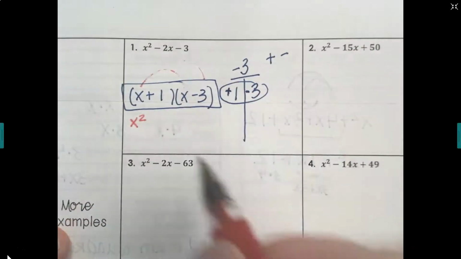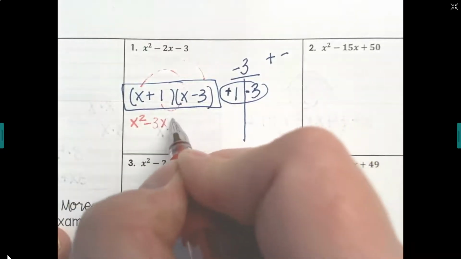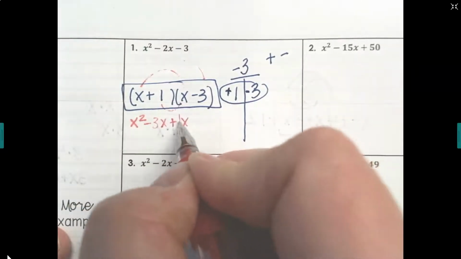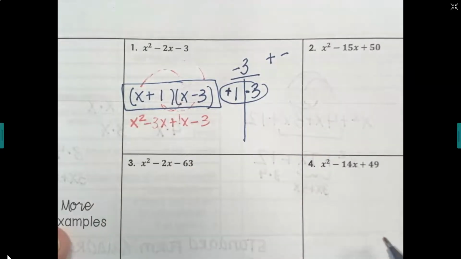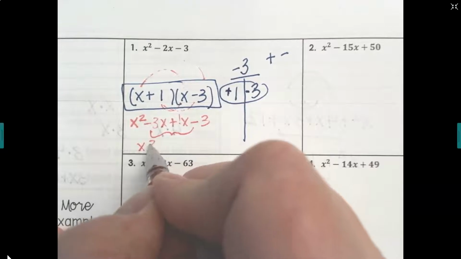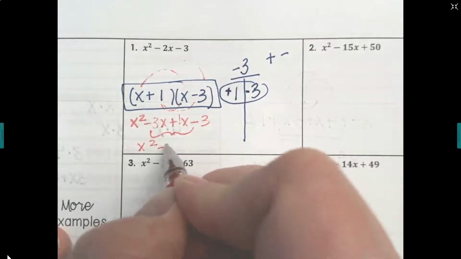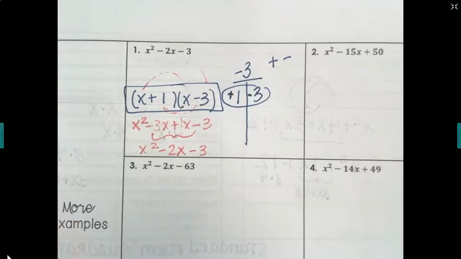X times negative 3 is negative 3x. 1 times x is a positive 1x. And then 1 times negative 3 is negative 3. When I combine my like terms in the middle, I end up with x squared minus 2x minus 3.